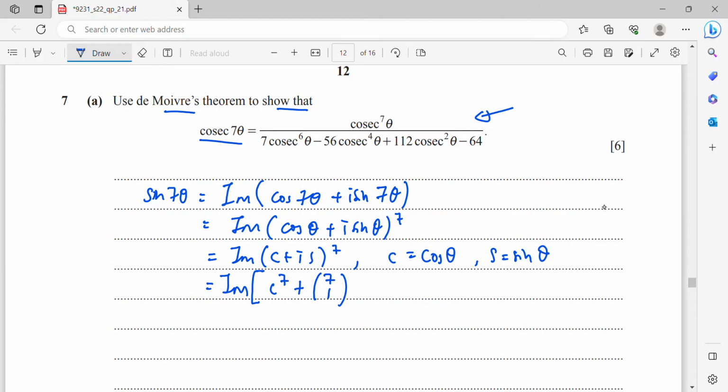But then I do not use the C here because you have the C for cos already. So that's why I used this symbol. So C degree 6, IS degree 1, plus 7C2, C degree 5, IS degree 2. Okay, so continue this until IS degree 7. So C degree 4, IS cube.